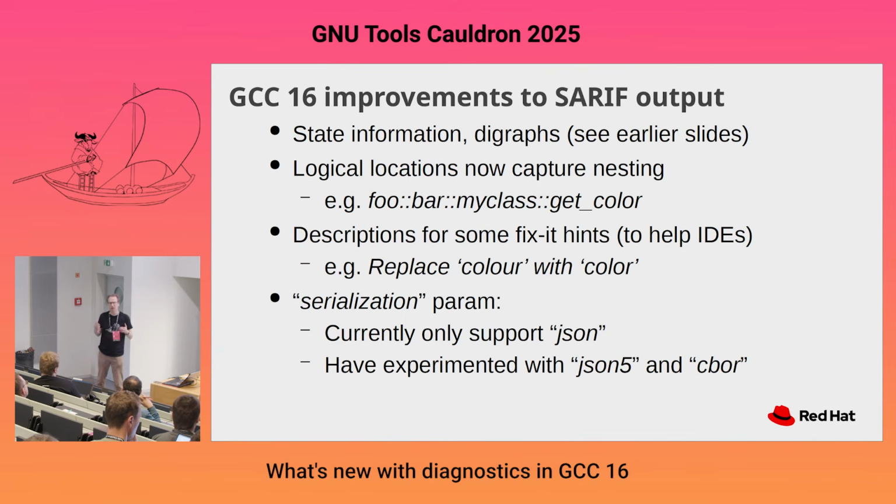I was experimenting with it for my integration tests for the static analyzer, which generate hundreds of thousands of SARIF files, and it becomes a pain to work with. So could I reduce disk space or CPU overhead of processing them? And the answer was it didn't really help. But I didn't want to merge support for this binary file format into trunk because it felt like a security vulnerability report waiting to happen. But if people are interested, it is less bytes on the wire and so on.